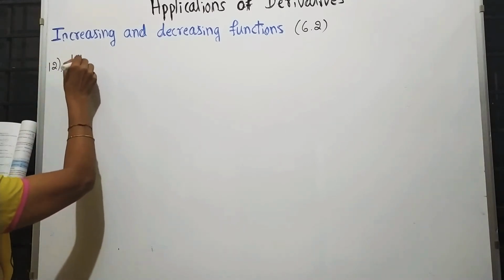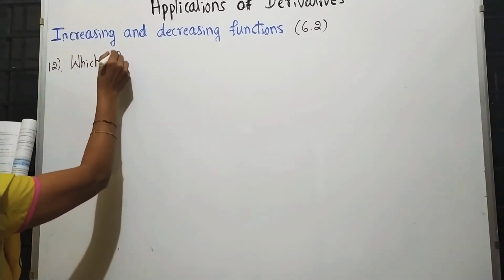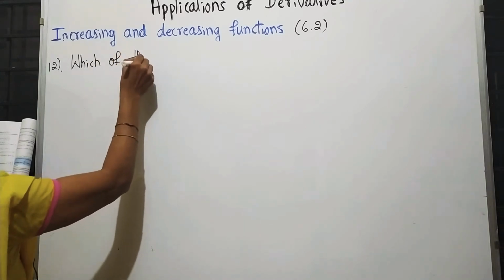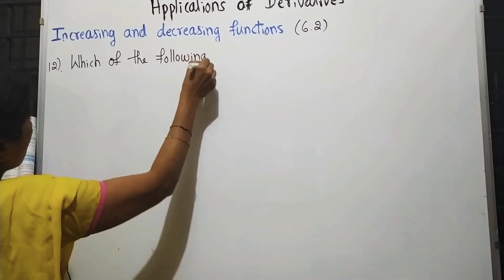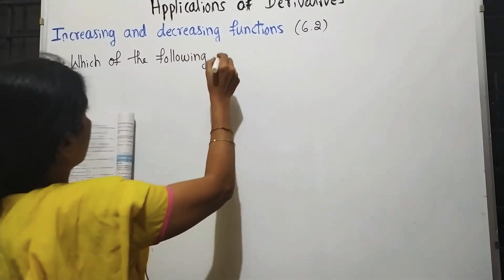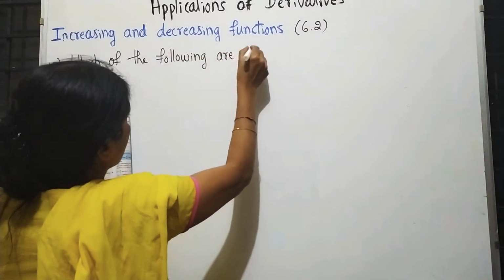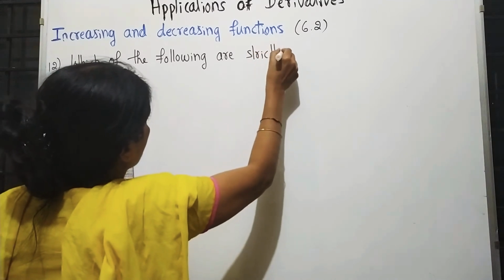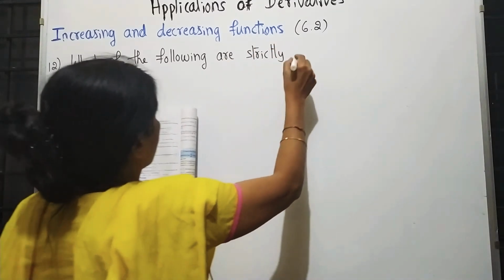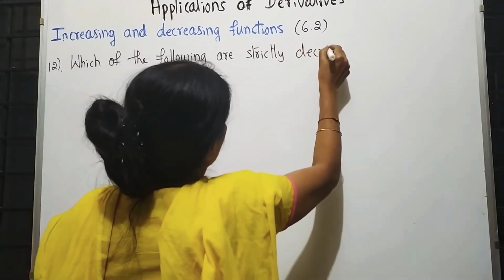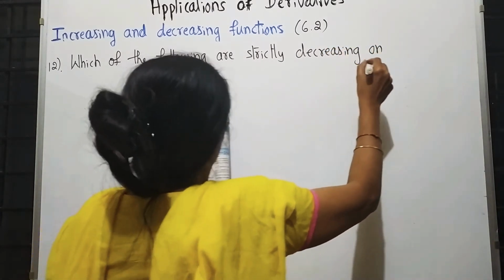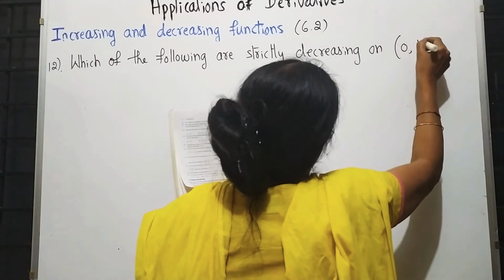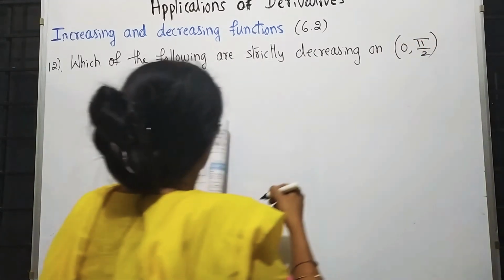Which of the following are strictly decreasing on 0 comma pi by 2?